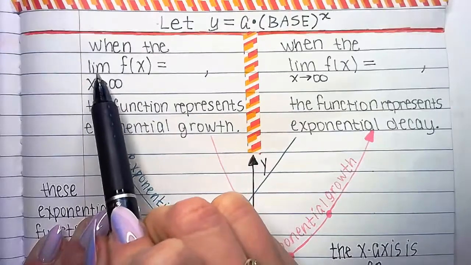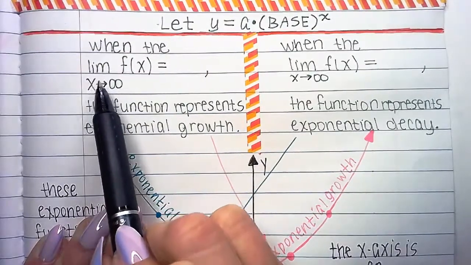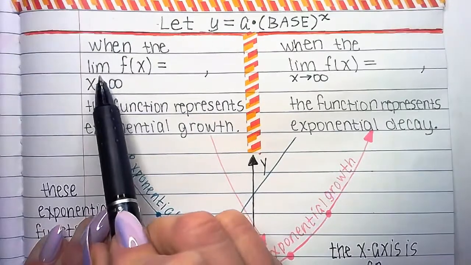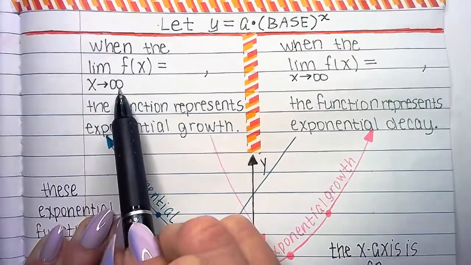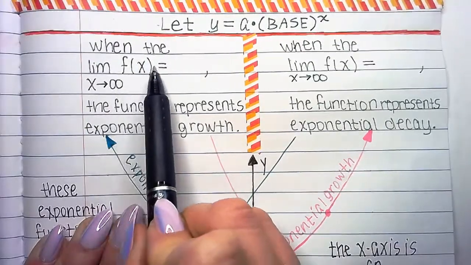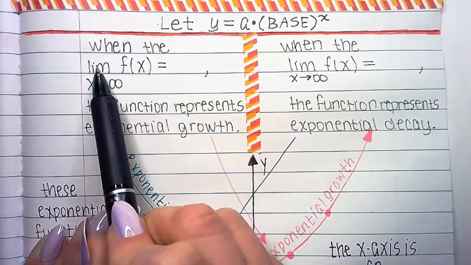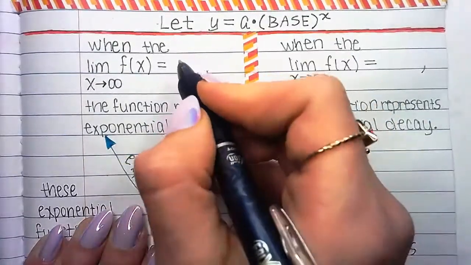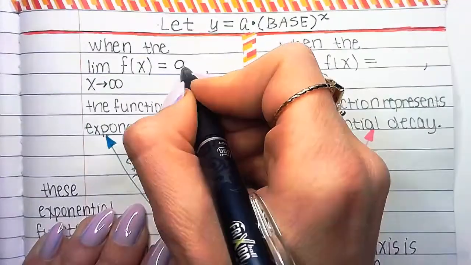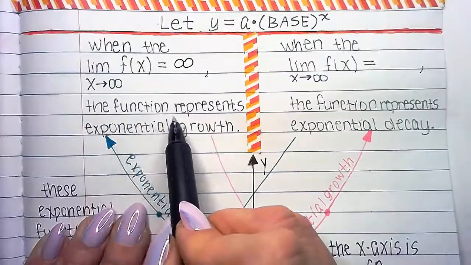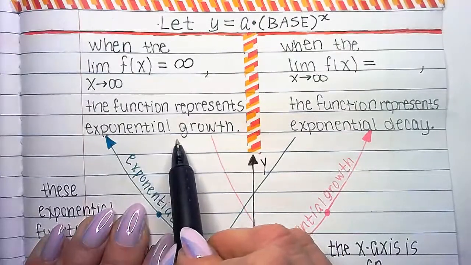When the limit as x approaches infinity, this is essentially saying what we just said up top. The limit as x gets bigger and bigger, as x goes to the right of my function, meaning what is its y value doing? So when the limit as x approaches infinity of f of x equals, well, we said it also increases, so say infinity, the function represents exponential growth.